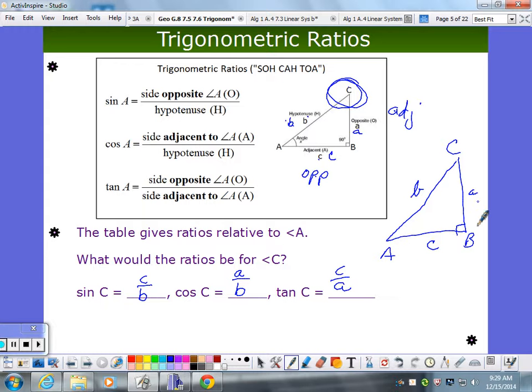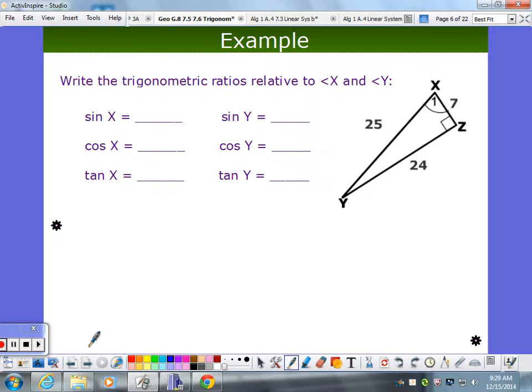So if I'm working with C, that's the opposite, that's the adjacent, that's the hypotenuse. Opposite over hypotenuse, c over b, that would be your side. And we'll do this with numbers coming up shortly to see how this works.